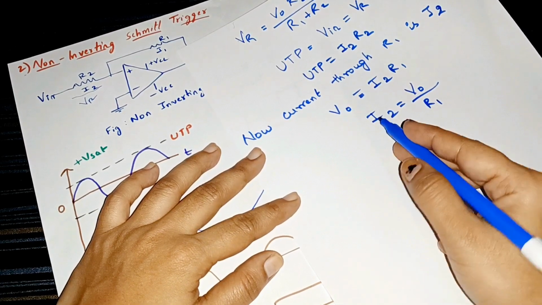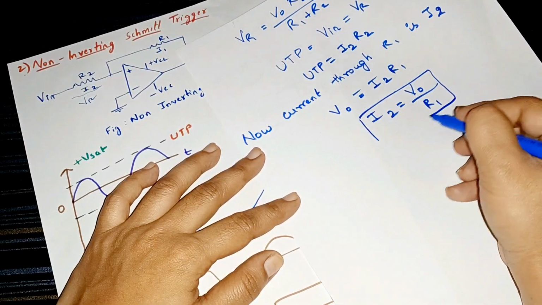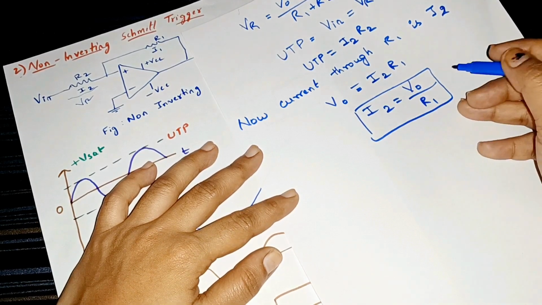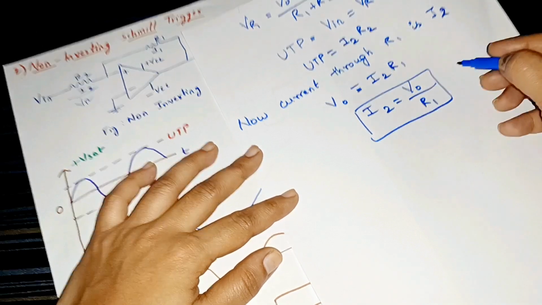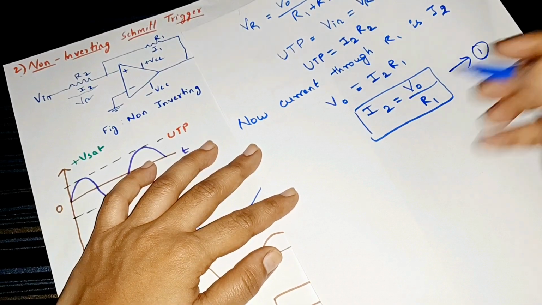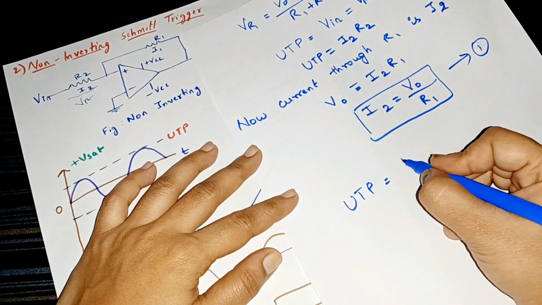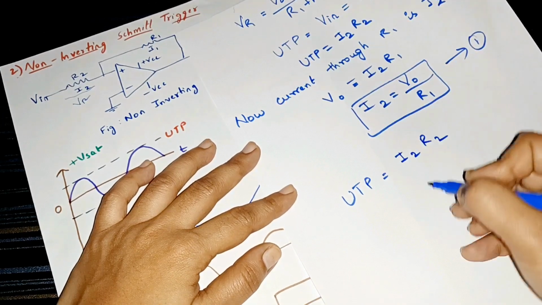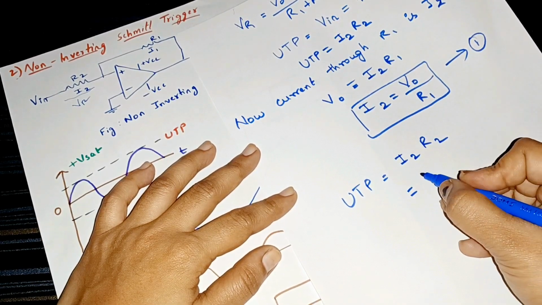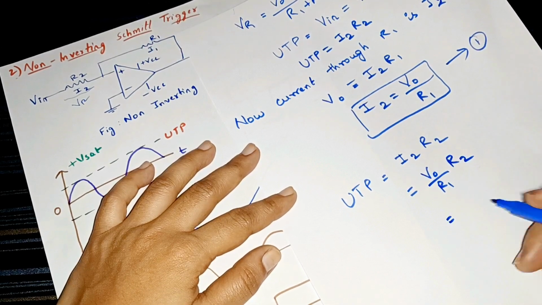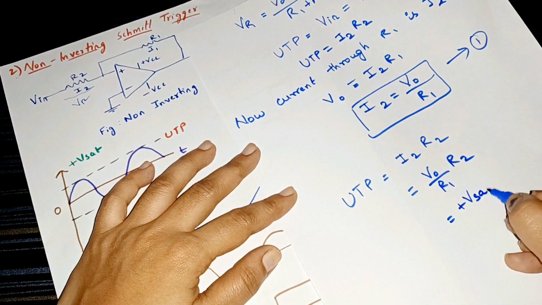We can put this I2 value in equation 1. So UTP is equal to, instead of I2 R2, V0 by R1 into R2, or else I can put plus Vsat.